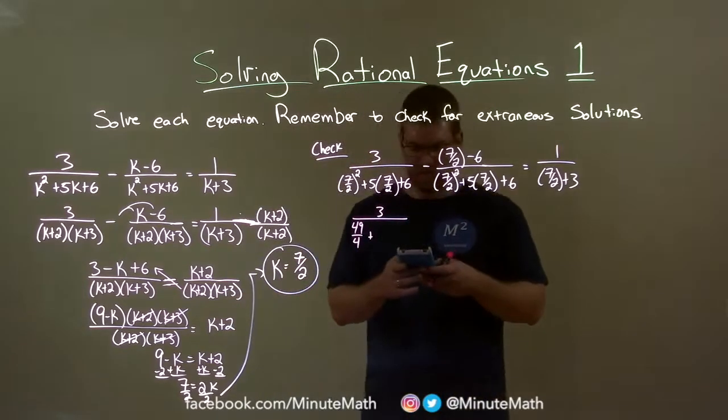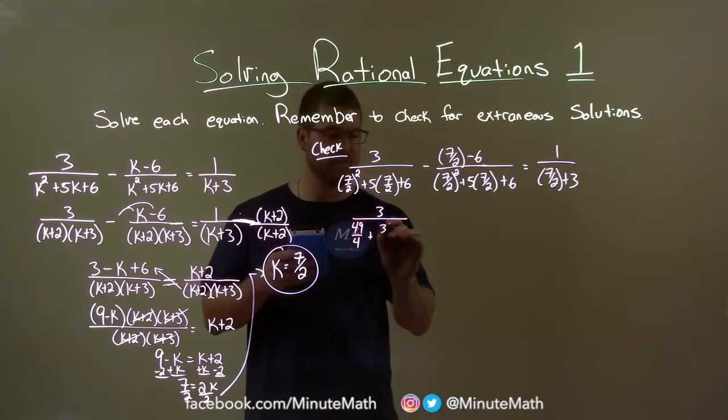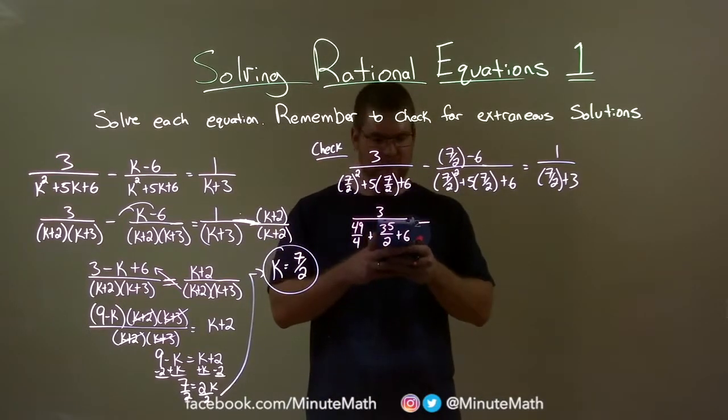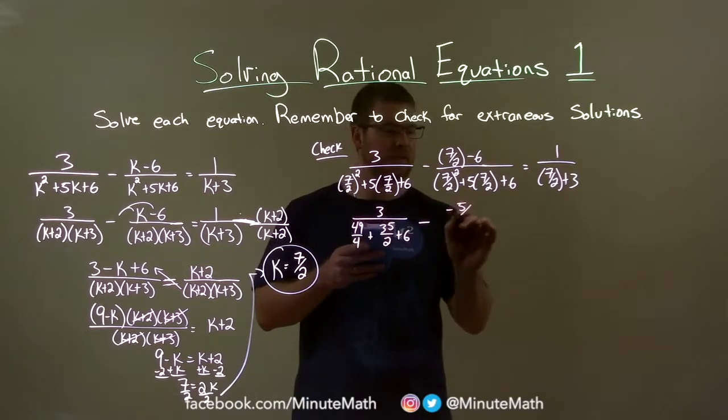Well, I should know this, but whatever, I said I was using my calculator. That's 35 over 2, plus 6, minus the numerator, 7 halves minus 6, and that as a fraction is a negative 5 halves.